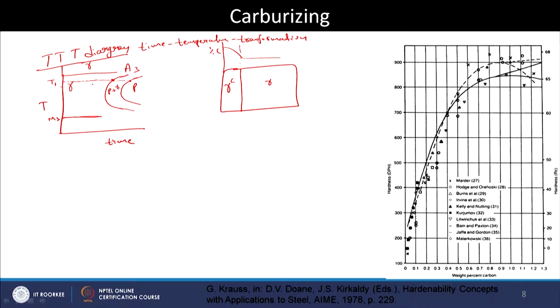Now, if we want to produce the martensite in this particular steel, then from this state we need to cool it at least at this rate, this should be the minimum cooling rate.